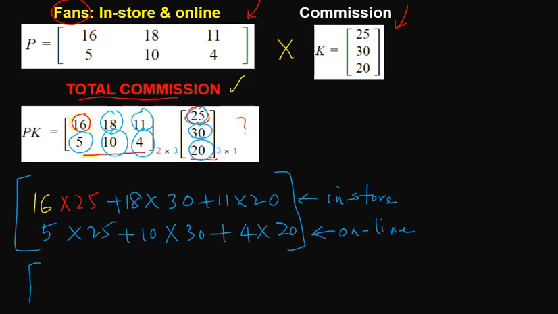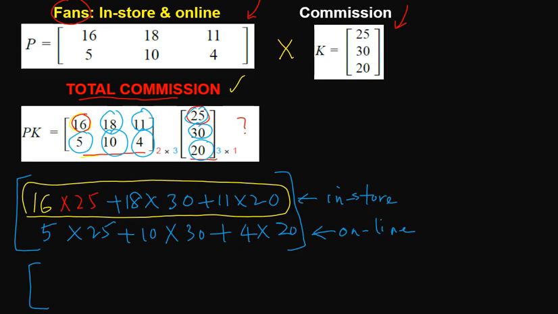So the answer is, you add everything. You times first and you add. You'll get 1160, and that is for in-store commission. And then this one, you total, you'll get 505.